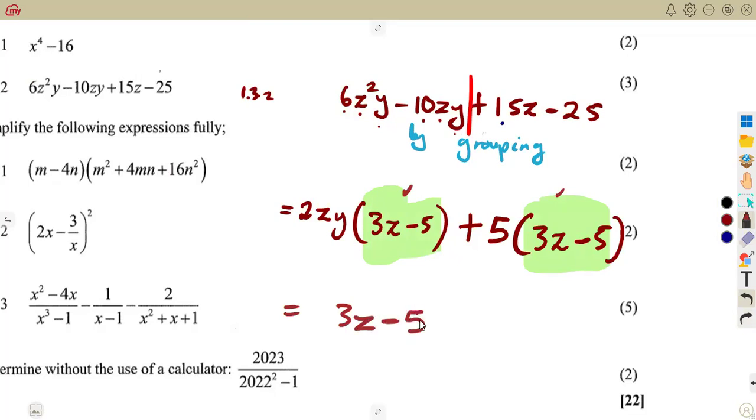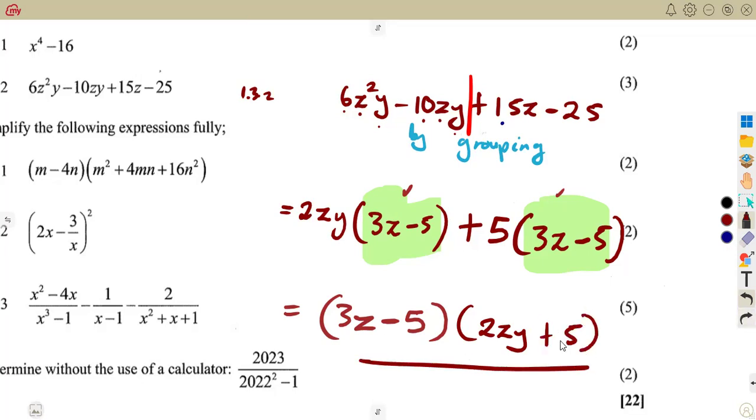3z minus 5. By factoring out this bracket, what are you remaining with here? You take it as it is, 2zy. What are you remaining with here? You take it as it is, plus what? Plus 5 in another bracket. You're done. Is there anything common? Nothing.